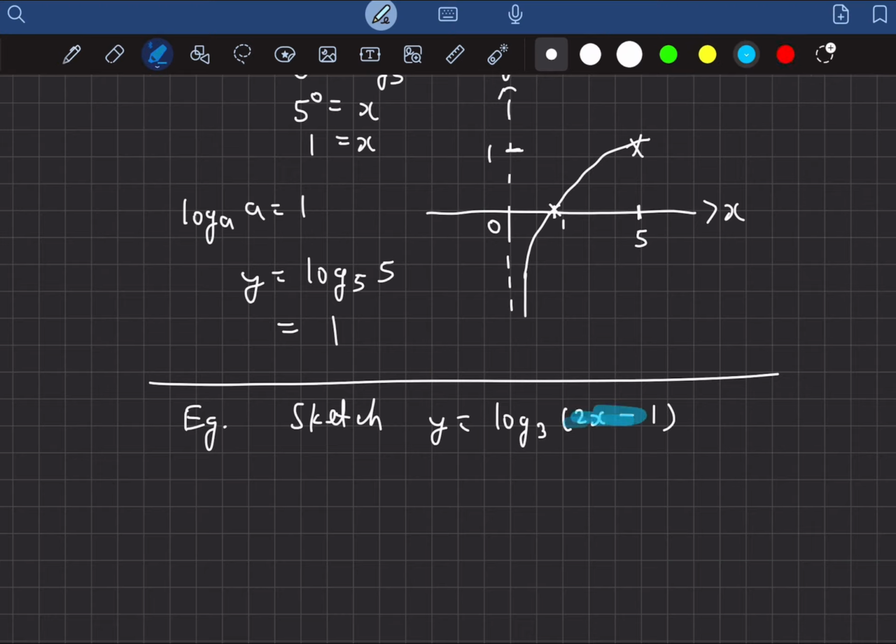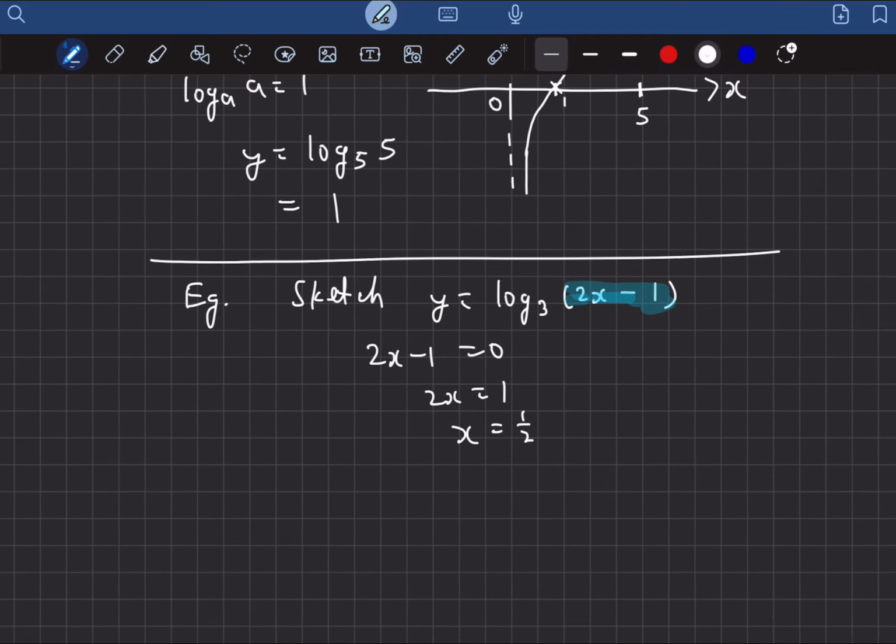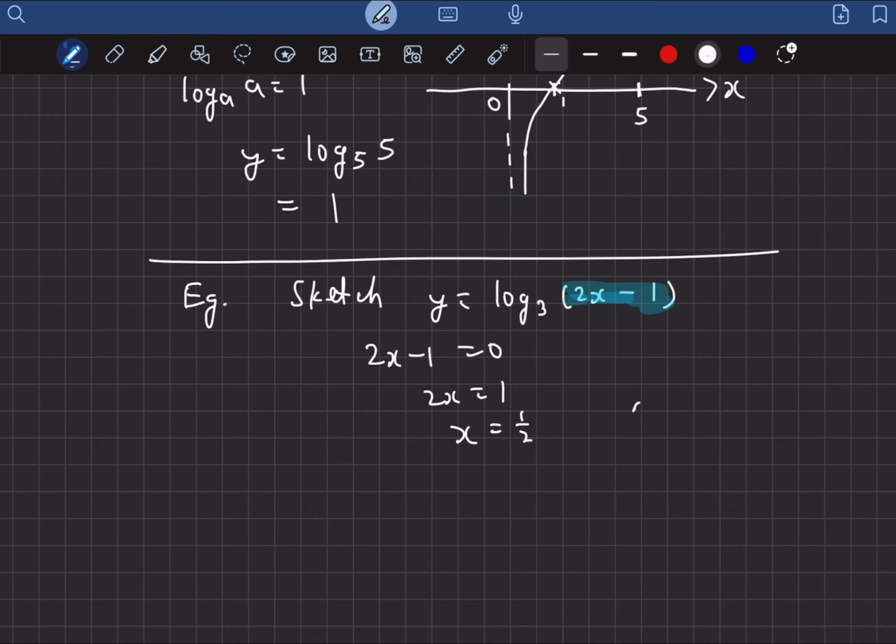If this portion is 0, it will be undefined. So we will find out. 2x minus 1 equals 0, 2x equals 1, x equals half. Which means that the vertical dotted line will be x equals half. So if I sketch it out, x equals half, maybe here. So here's a vertical dotted line.